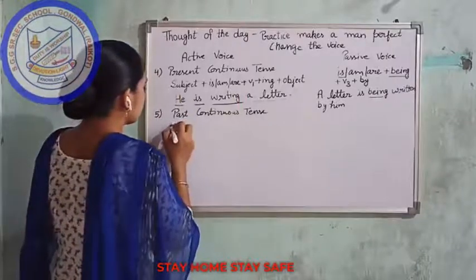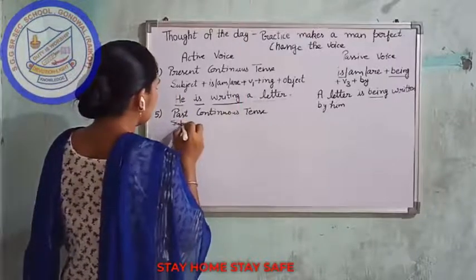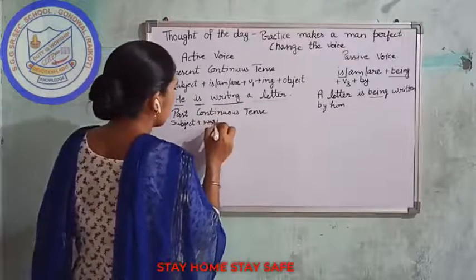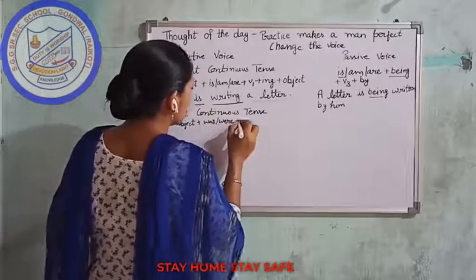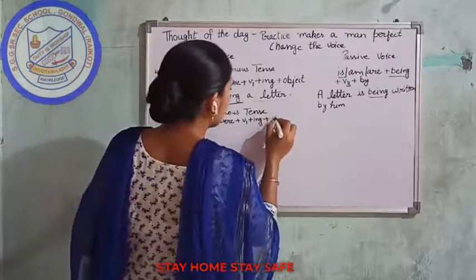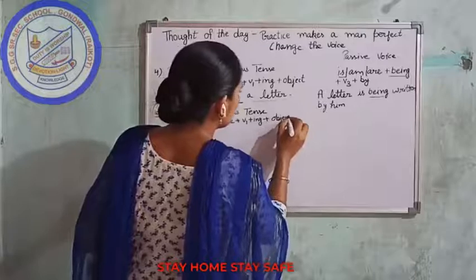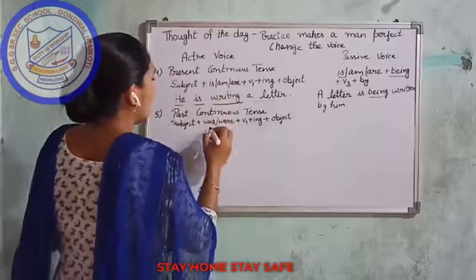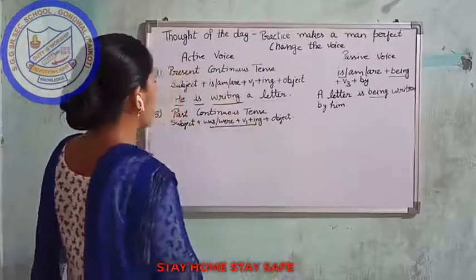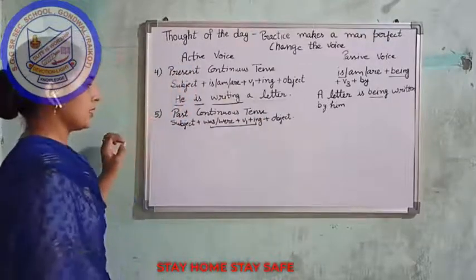Yes, subject plus was, were as a helping verb, B1 plus ing, and then object. This is the important part of past continuous tense.